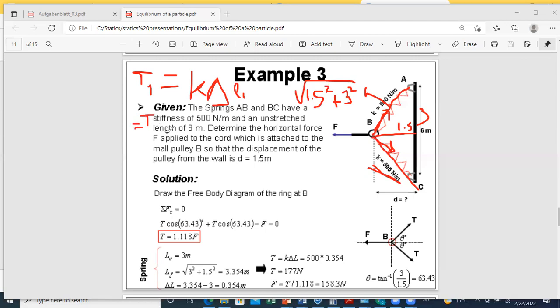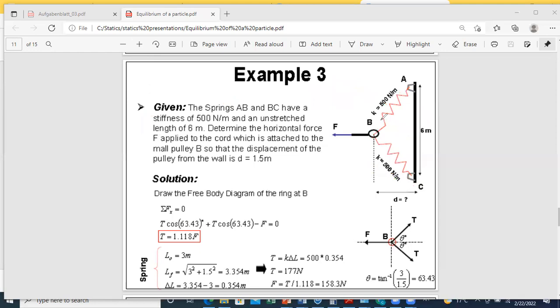You can also demonstrate this again, if you didn't pay attention to the symmetry effect, when you project along Y. Because if you project the sum of forces along Y acting on B, only T1 and T2 have Y components. Force F has no components along Y. So when you want to do sum of Y equals 0, you have the same angle theta.